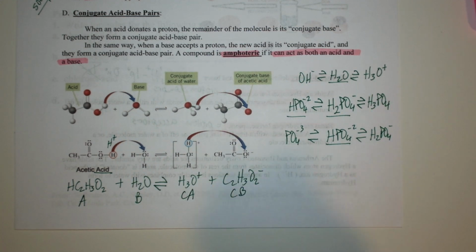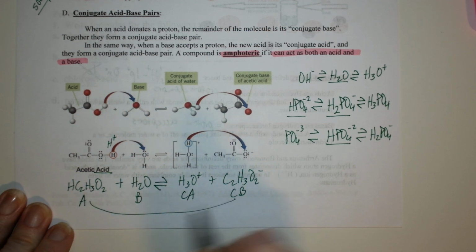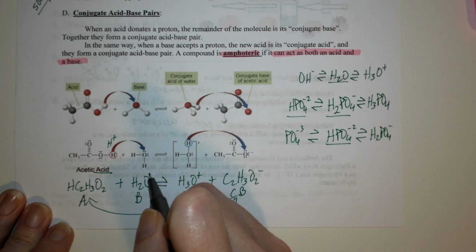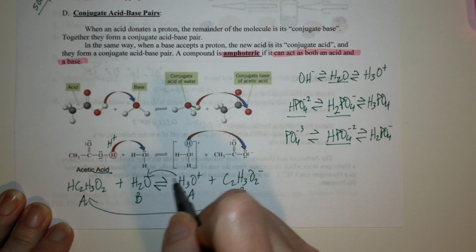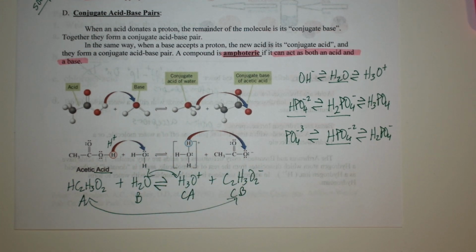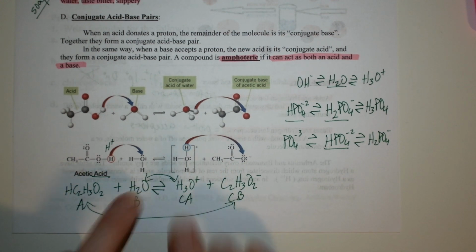Now, this acid goes with this conjugate base. So this is a conjugate acid-base pair. This base becomes this conjugate acid. So this is the other conjugate acid-base pair. It's important to note that these two things go together and these two things go together.